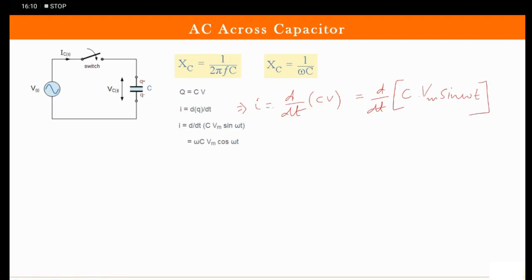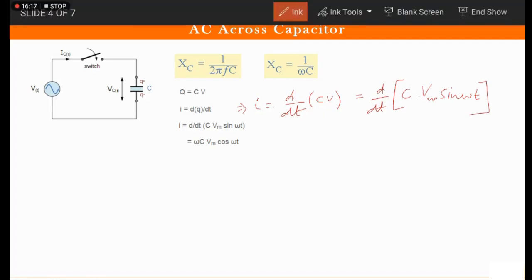So Vm is constant, C is constant. So we are going to differentiate sin omega t, right? Now I'll write it here. So I have d by dt sin omega t. I have taken CVm outside the differentiation because they are constant. So what is the differentiation of sin theta?